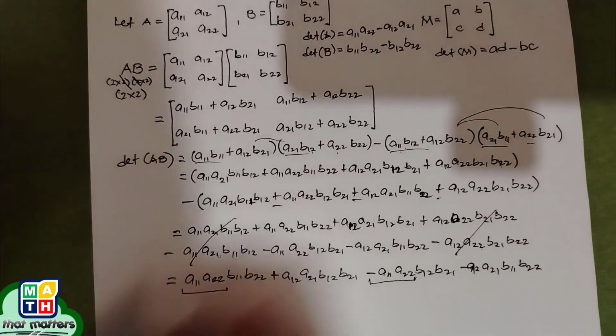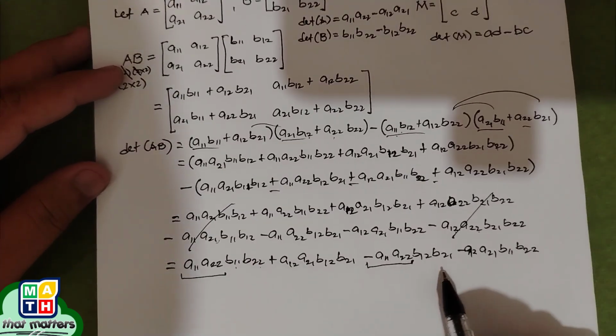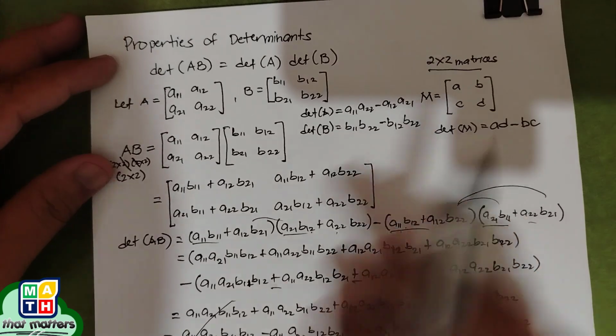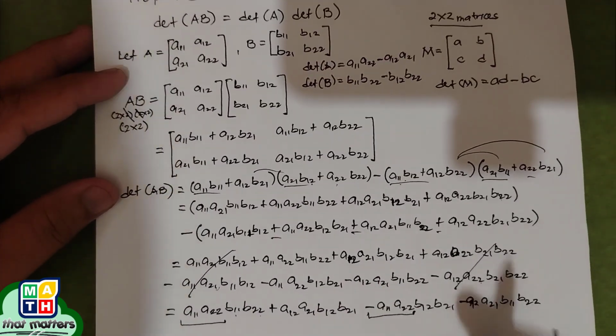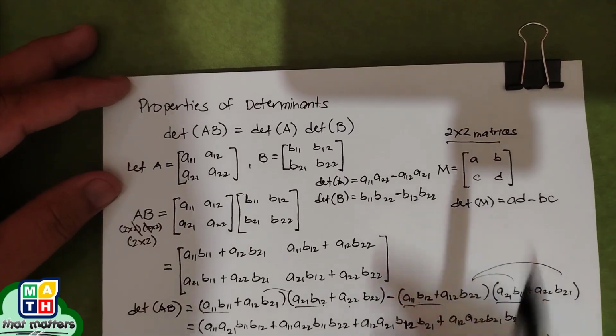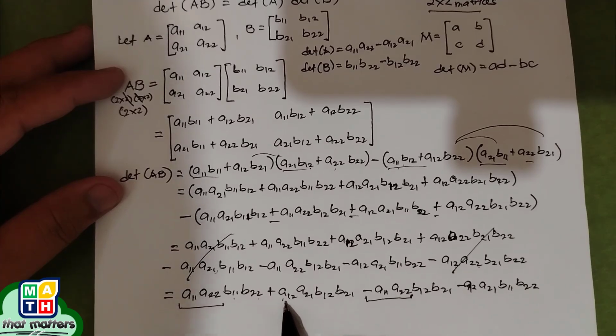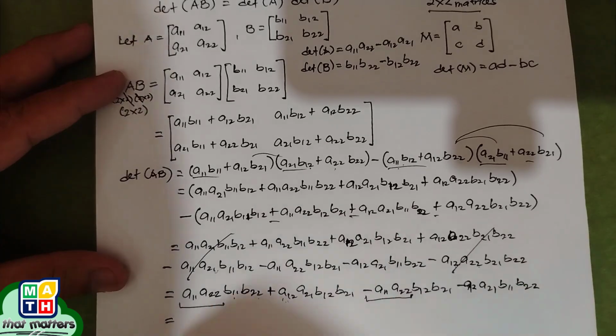So we can rearrange them. That would also be true for our B11 here. And for our A, you have A12 and A21, here as well. So we can rearrange them so that we could factor that.